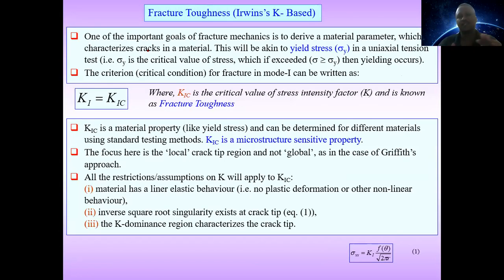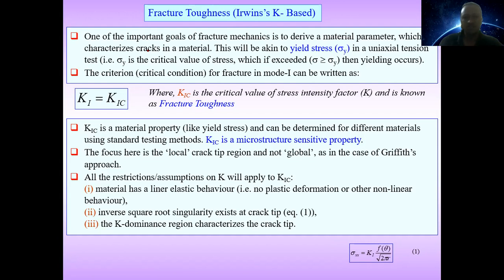Fracture toughness, that is K-based. One important goal of fracture mechanics is to derive the material parameter which characterizes cracks in the material. This will be akin to the yield stress sigma y in the uniaxial tension test. Sigma y is the critical value of stress, which if exceeded, sigma greater than sigma y, then yielding occurs.